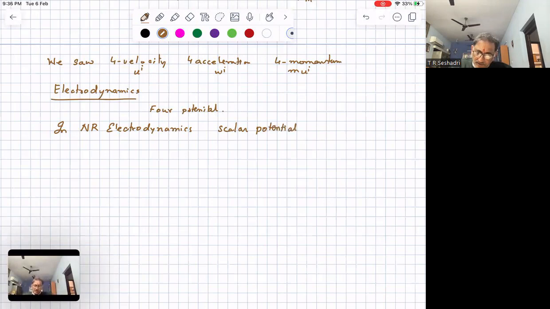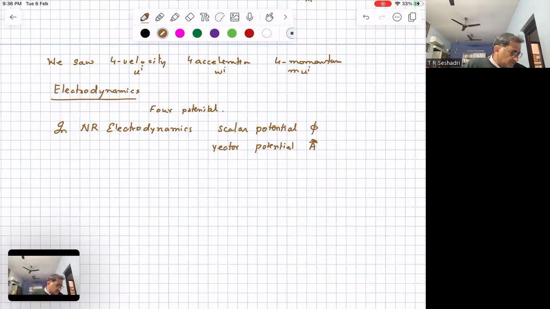And with respect to this the potential is invariant, and that is my phi. And then we have the vector potential, which transforms as a vector in three-dimensional transformations of rotation and translation.